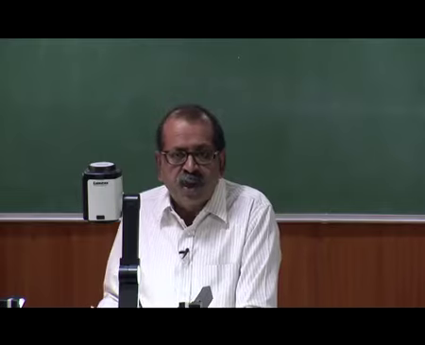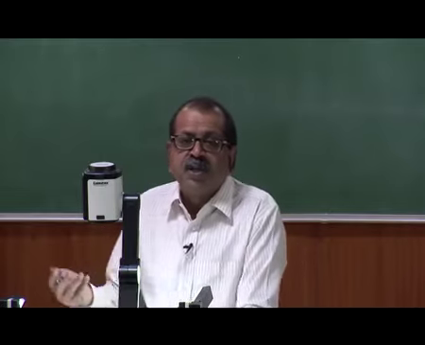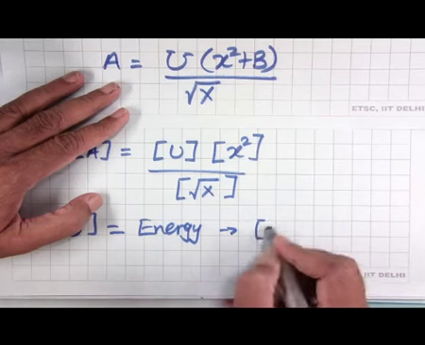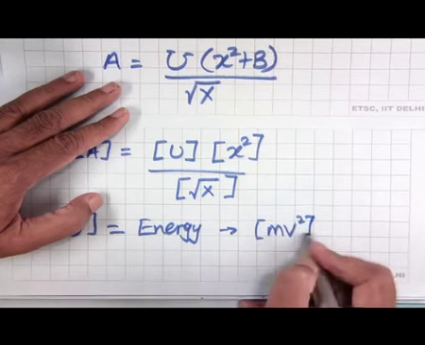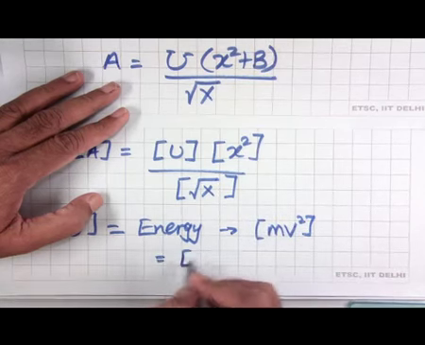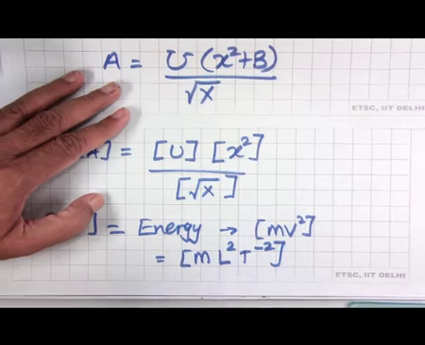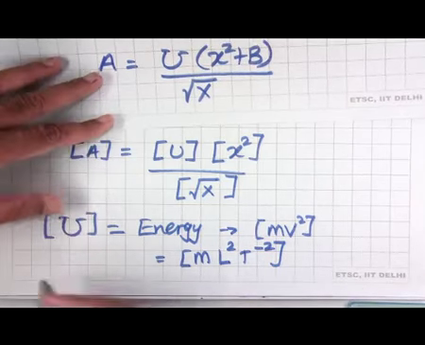So, it is mv square, or we could think of potential energy as mgh, and using whichever way we get the dimension of energy as dimension of mass times v square. So, this will be equal to m times L, v square will be L square t to the power of minus 2. So, this is the dimension of u.